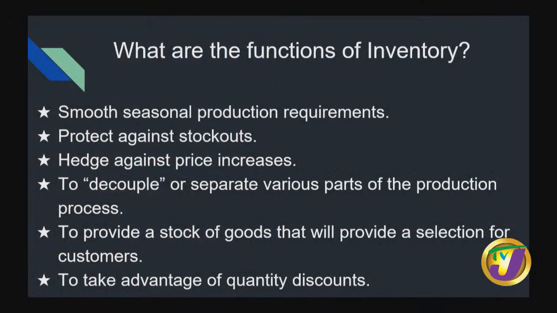Another one, to decouple or to separate various parts of the production process. Remember last class we looked at the different methods of production: job, batch, and flow. So remember now we are looking into the factory because we're making goods. So you have different processes that you will have to go through in order for you to come up with the final product.